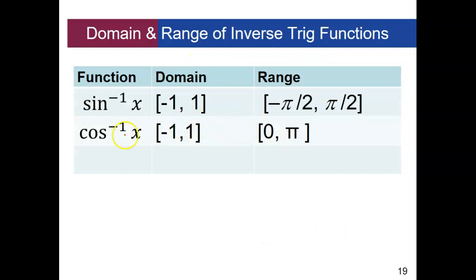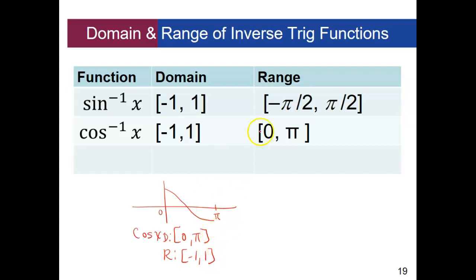Okay, so with inverse cosine, we're still going to have the same domain from -1 to 1, but the range now is going to be 0 to pi. And the reason being, as we talked about, if we're restricting regular cosine from 0 to pi, we know that if we restrict that domain, then the range is still -1 to 1.